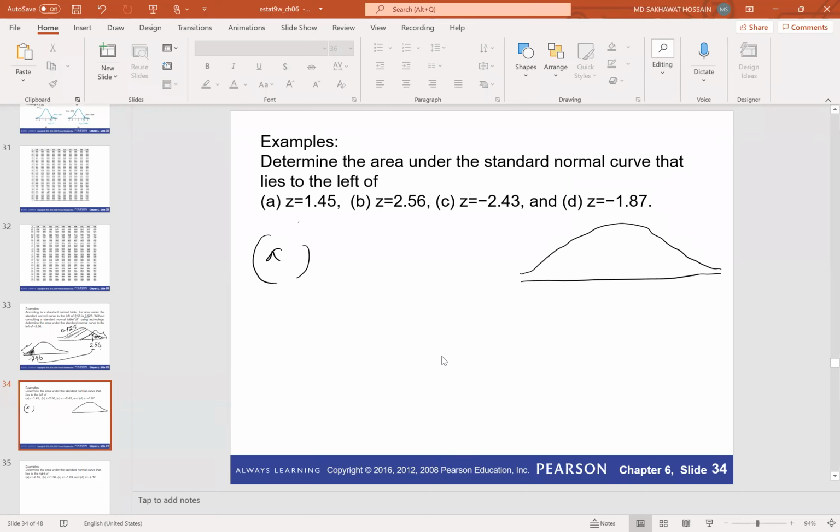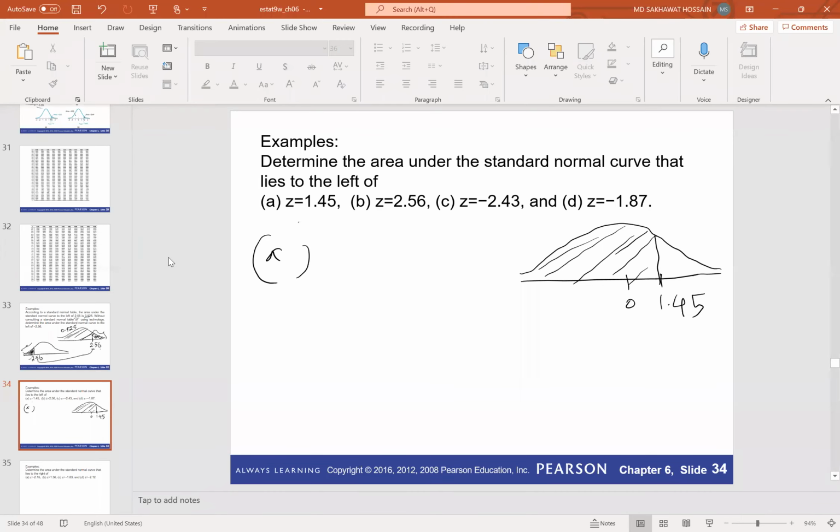So z is equal to 1.45. This is 0, so 1.45 should be somewhere here. Now we need to calculate the area to the left of this number, so we need to find this area.